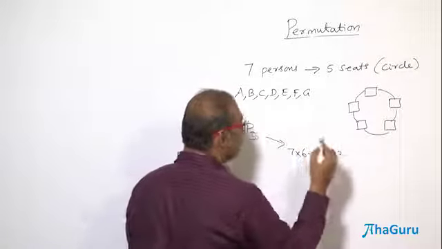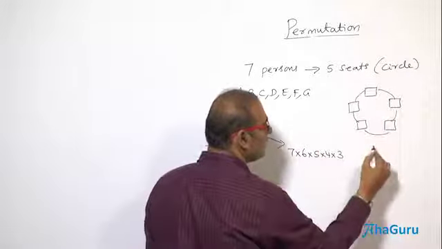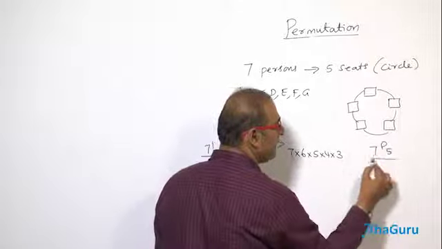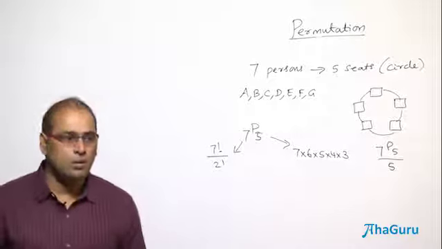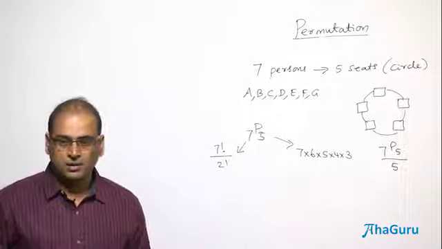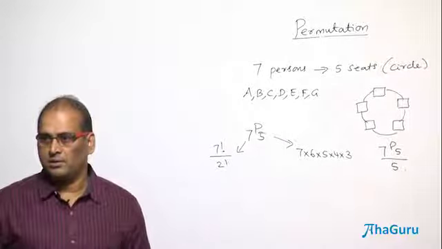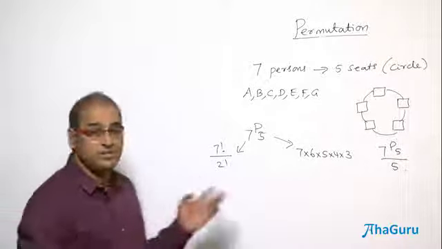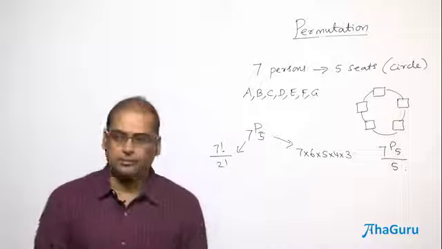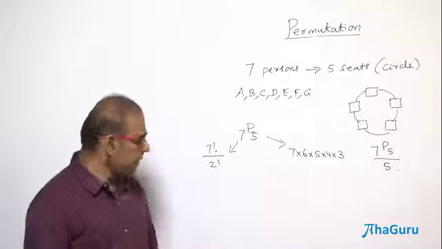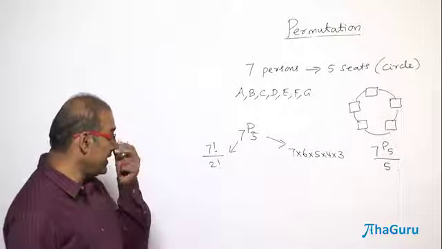So if you divide by 5, that gives you this result. So 7p5 divided by 5. What is that? Number of circular arrangements. So what is the general then? N persons and R seats. NPR by R.